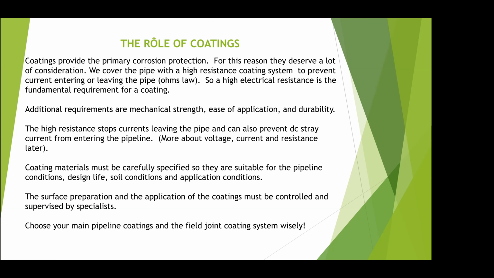So the surface preparation and application of the coatings has to be carefully thought out and needs to be supervised by specialists. And there are many, many standards for pipeline coatings for the different types and how they can be tested, how they can be applied. And not only that, how the surface of the steel has to be prepared for that coating, and also what qualifications people need in order to be able to do the surface preparation and the coating application.